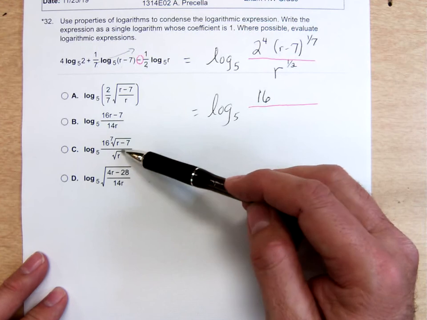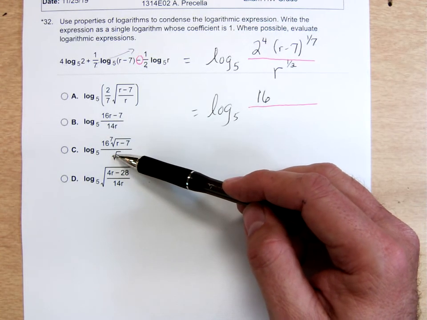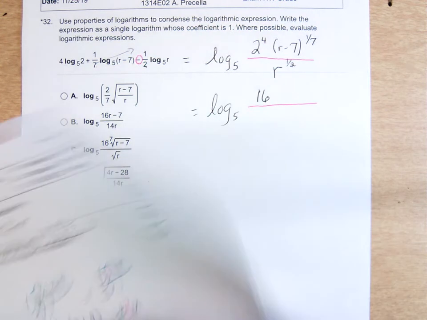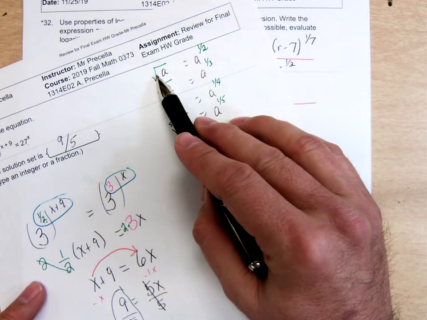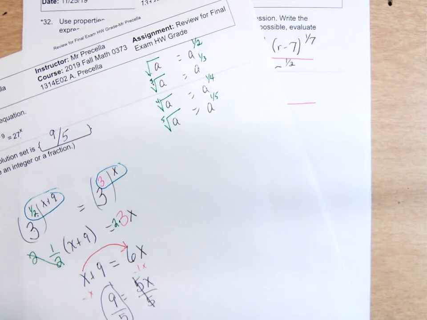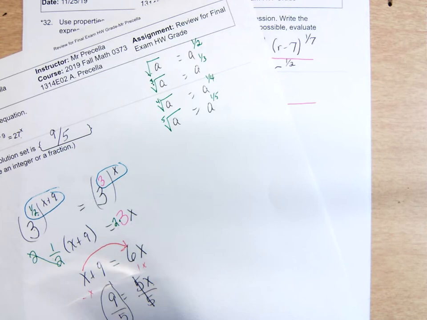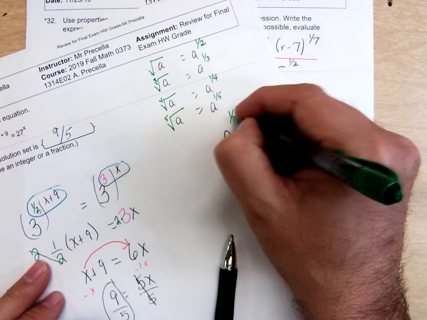There was my little statement right here. A 1/2 exponent is a square root. A 1/3 exponent a cube root. Dot, dot, dot. A 1 over 7 exponent would be a 7th root.